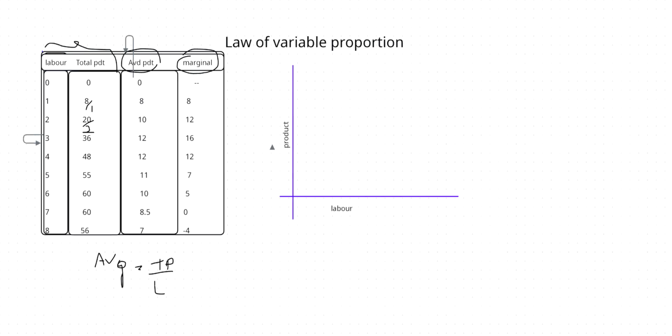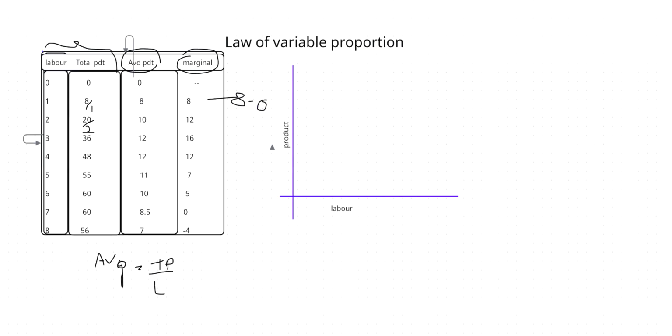The extra is what the marginal unit tells us. For zero labor employed, I got zero total, so my marginal is also 0. When I go to 1 unit of labor, my total product is 8, so my marginal is 8 minus 0, which is 8. That is how much extra I got compared to the previous one.